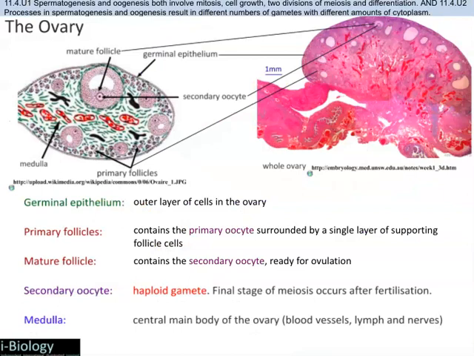Something interesting that's different between spermatogenesis and oogenesis is with oogenesis, we have these pauses that are happening throughout meiosis. So meiosis will pause at different times and then resume at other times, versus spermatogenesis, where meiosis 1 happens and meiosis 2 happens, and we have a constant production of sperm cells.